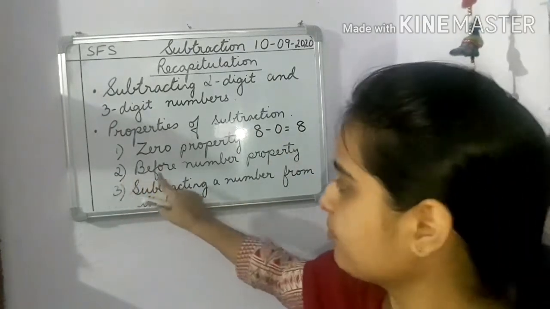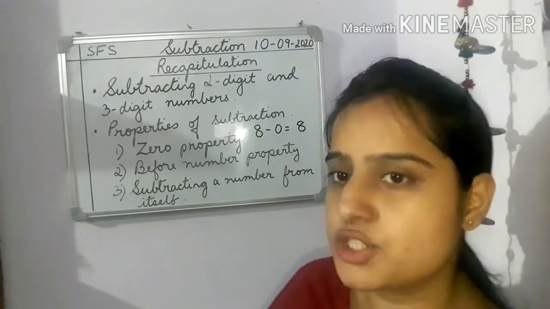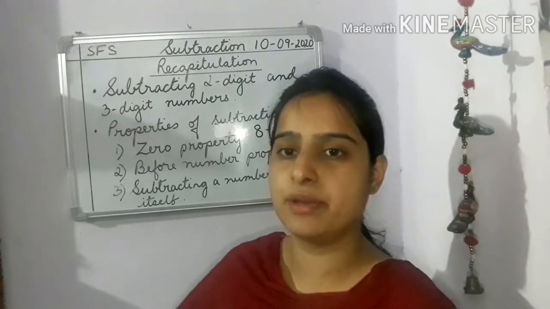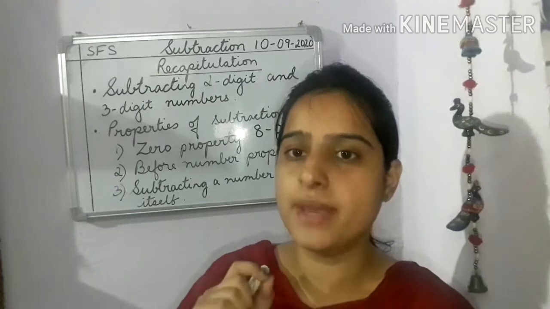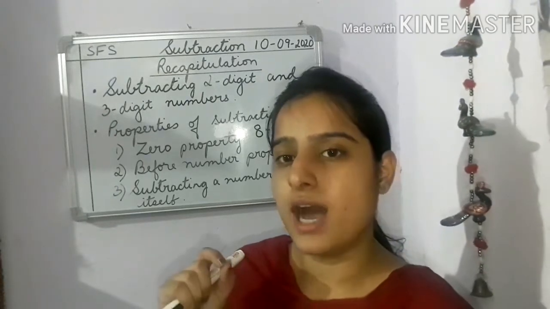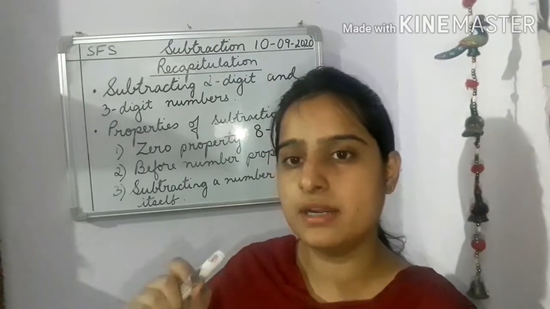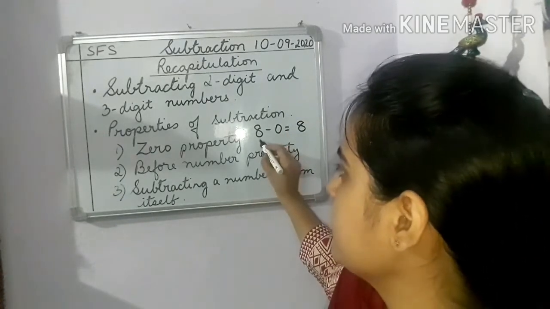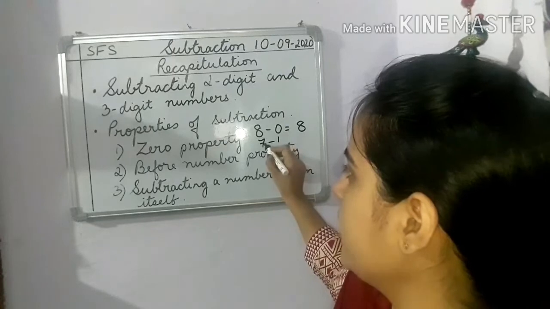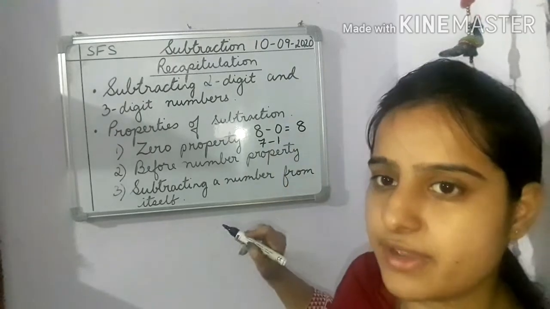Second property, before number property. So children, in before number property what we have studied, when 1 is subtracted from any number, the difference is the number before it. That means if we are subtracting 7 minus 1, we are subtracting 1 from 7, isn't it?